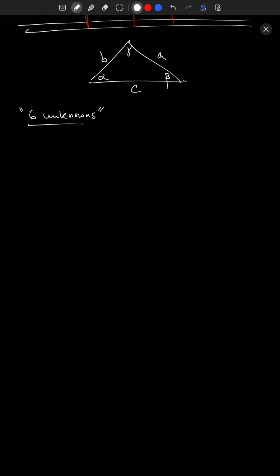All right, so what that means in our context is, just looking at this triangle, there's 6 unknowns. So in order to actually determine a triangle, if I only give you 4 equations or 4 relationships between those unknowns, then I'm going to have fewer equations than unknowns. And what that means is there's going to be an infinite number of triangles that have those bits of information.